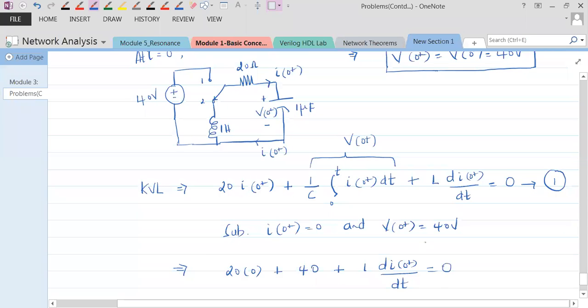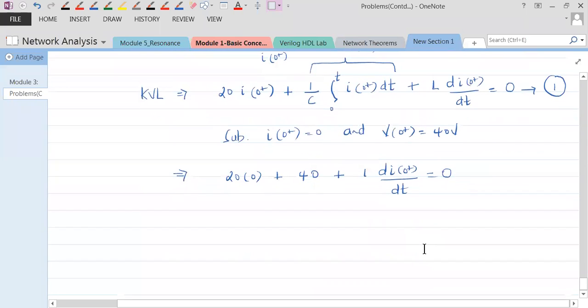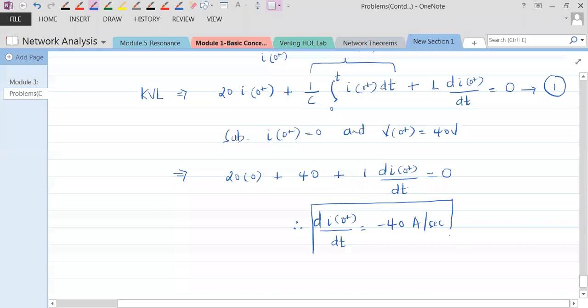What is L there? L is 1. Is this okay with you? So what would be the first order differential of the current I of 0 plus? Therefore, di of 0 plus divided by dt is actually equal to minus 40 amperes per second. Is it okay with you, everybody?